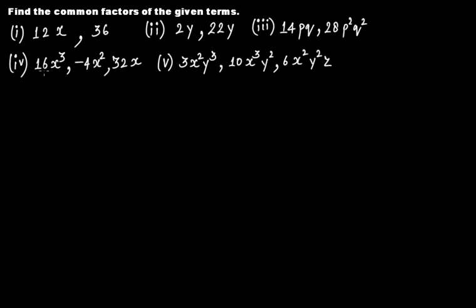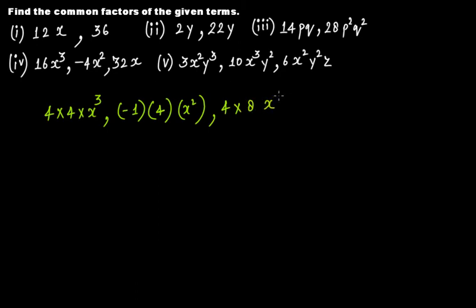In the next one we have 16x cubed minus 4x squared plus 32x. You can quickly write 16x cubed as 4 multiplied by 4 multiplied by x cubed, and the second as minus 1 multiplied by 4 multiplied by x squared, and the third as 4 multiplied by 8x.